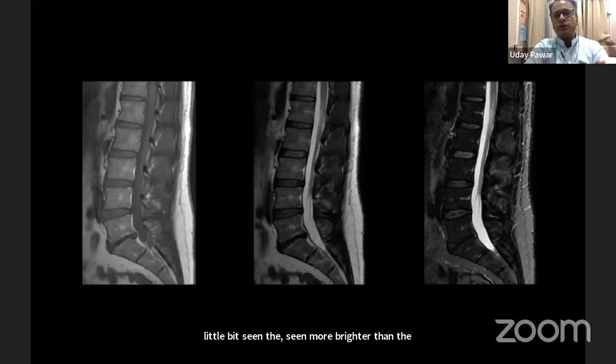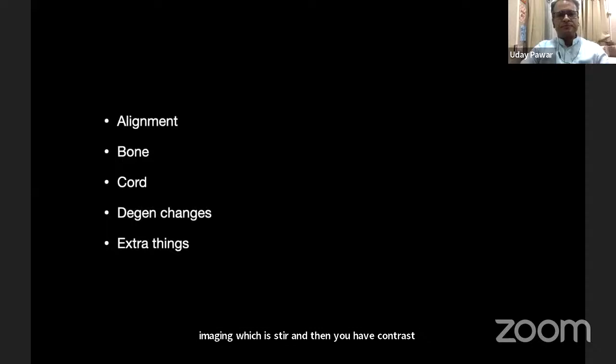The CSF doesn't glow as much because T1 enhances fat. In T2, you see CSF more bright, whereas in STIR, the subcutaneous fat and everything is suppressed. So it's a fat-suppressed image. And then you have contrast imaging as well, where certain lesions light up.